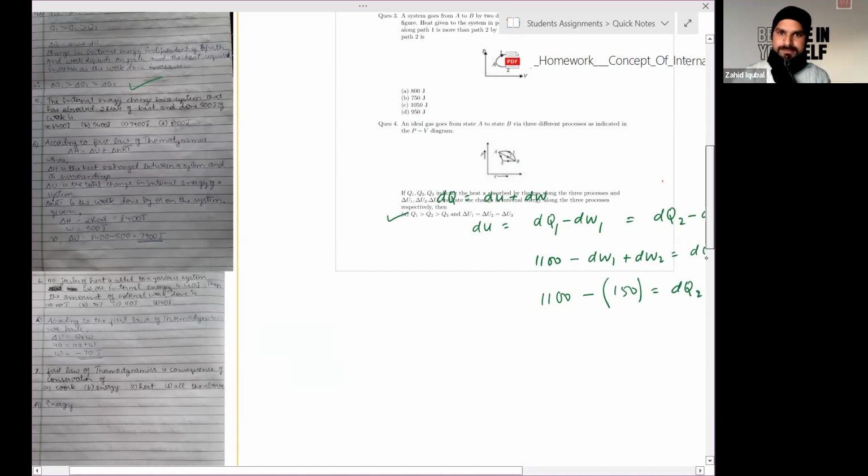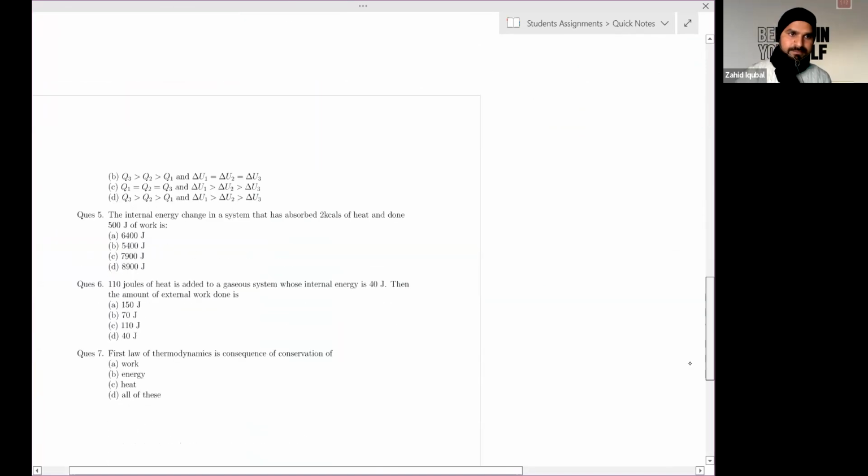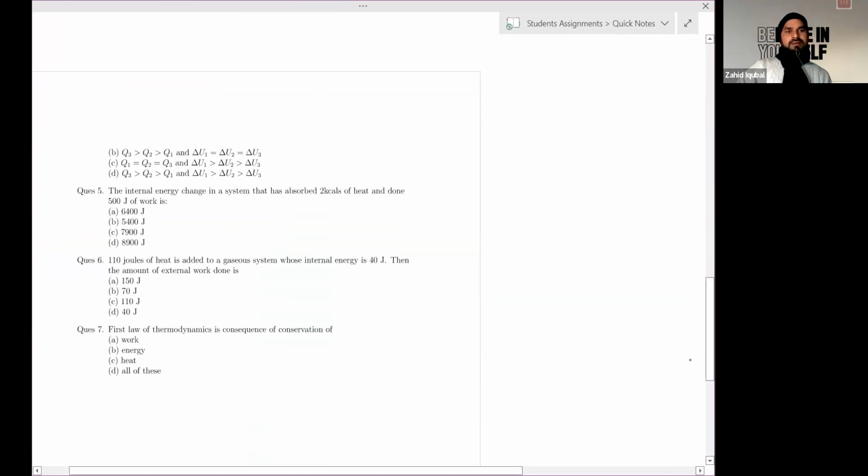Next is the internal energy change in the system that has absorbed 2 kilocalorie of heat and the work done by the system is this much. So using the first law, dq equals du plus dw, you have to calculate du. Heat supplied to the system is 2 kilocalorie, which is in terms of calorie, so convert it into joule by multiplying by 4.2.